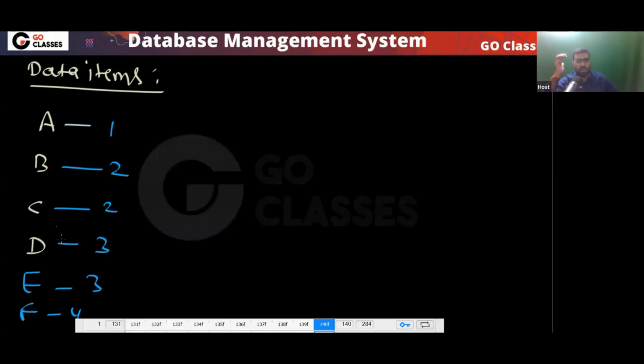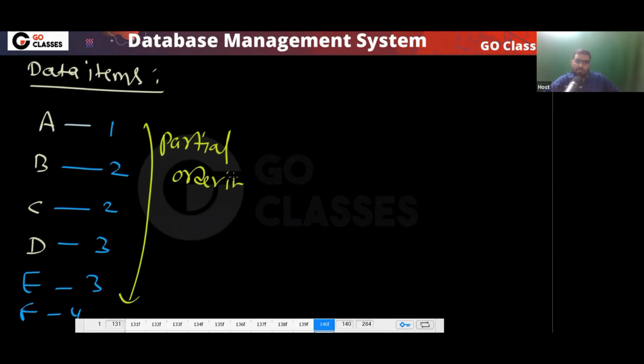So this ordering you can put on the data items. This is called partial ordering. So this type of partial ordering you can put on the data items.